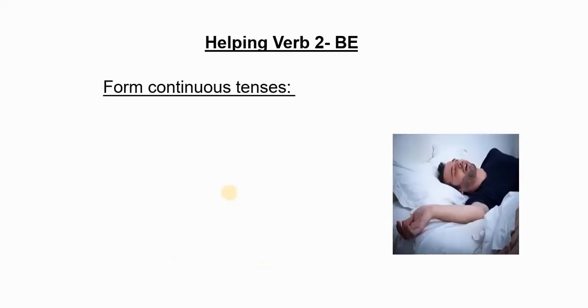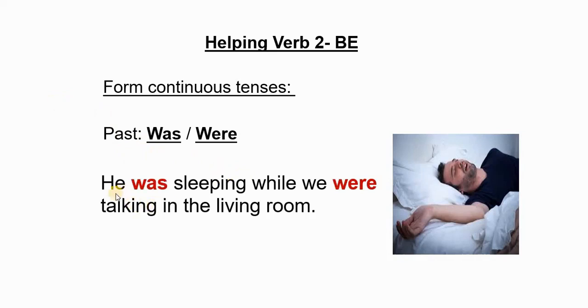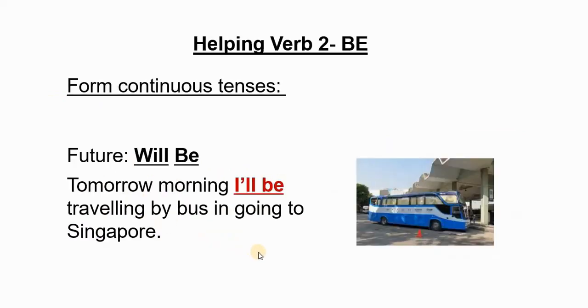In the past, it takes the form of was and were. Example, he was sleeping while we were talking in the living room. And in the future continuous, it takes the form of will be.